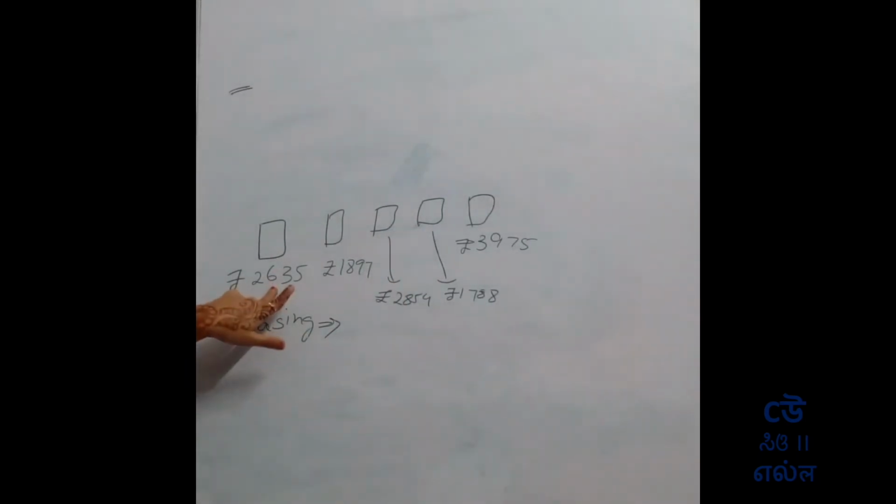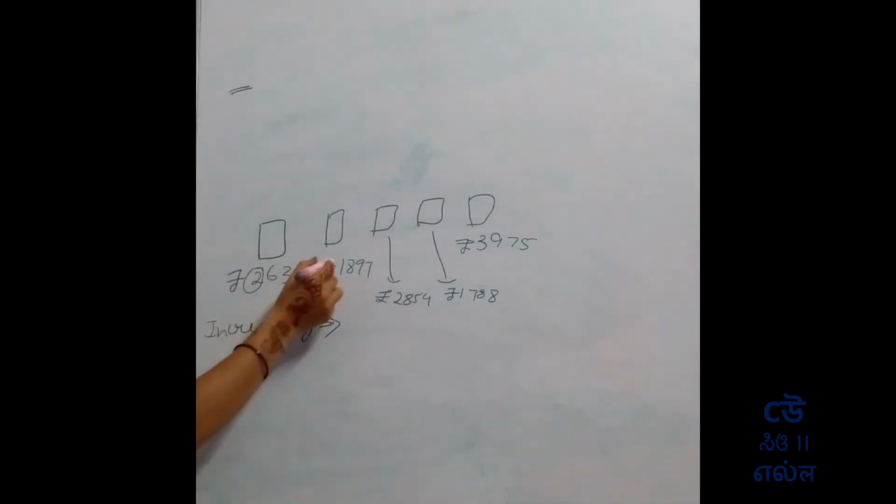The smallest is 2635. How do you find the smallest number? As I told you, you can write the number of digits. You have all four digits. So what is the next condition? You will see the first number. So the first number is what?